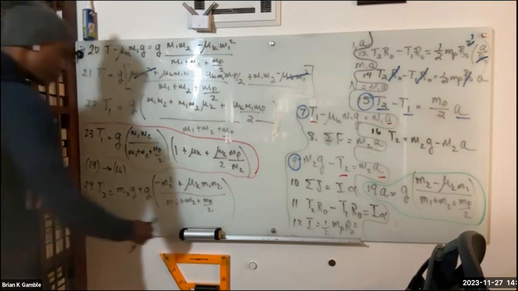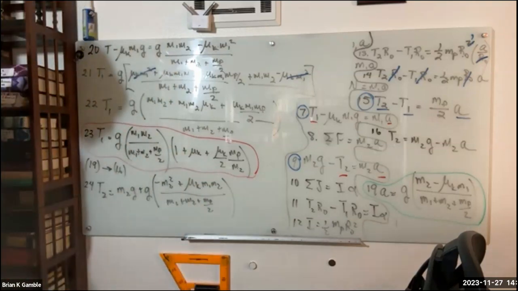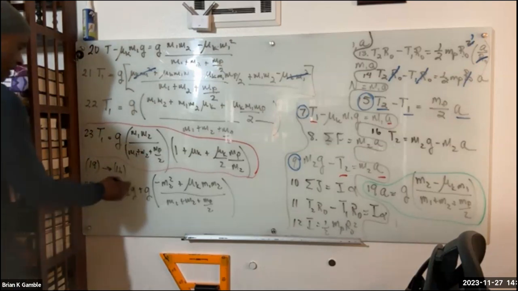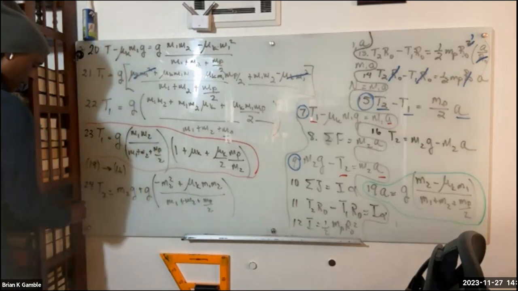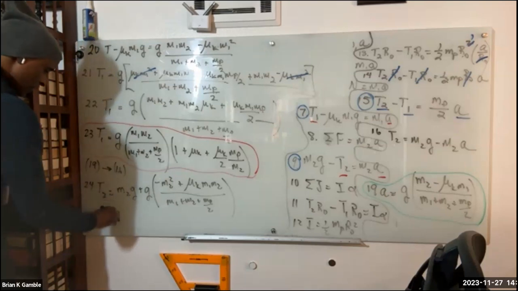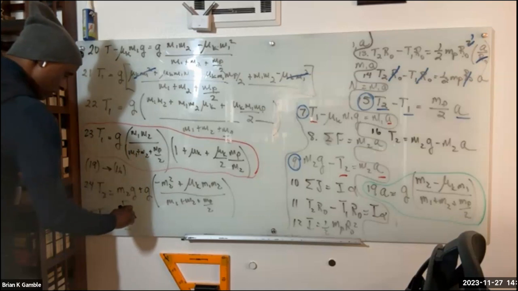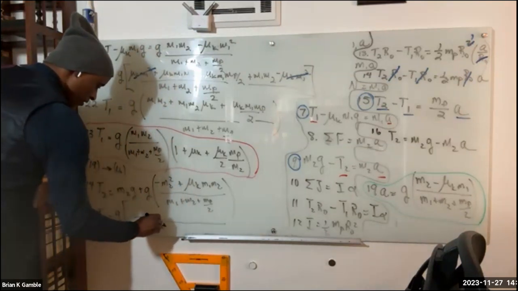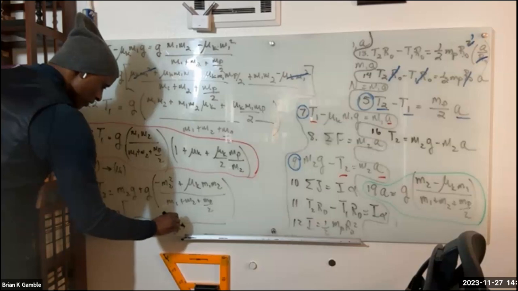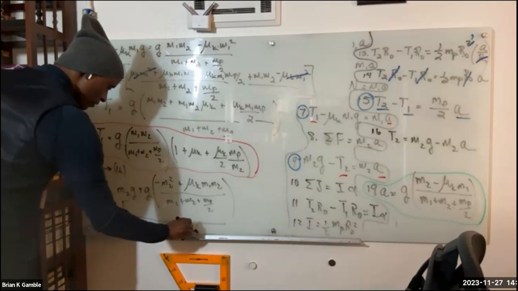Now, finding the common denominator between that term and this term is going to be the denominator here. Factoring out the G, we've got G times, I'll put this in brackets, the common denominator, of course, M1 plus M2 plus MP over 2.